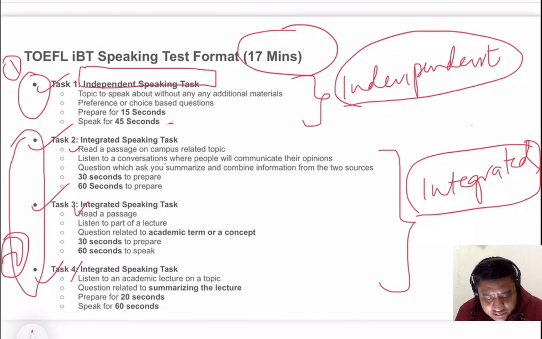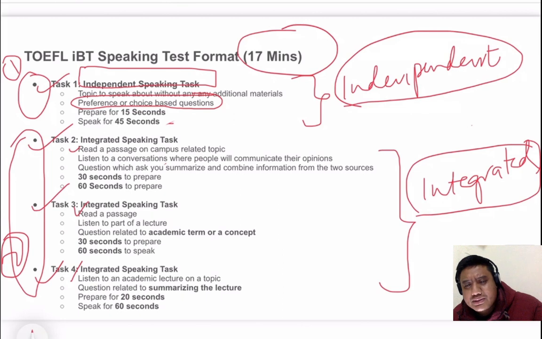When you sit for task one of your TOEFL iBT speaking, you're sitting for the independent speaking task. Independent speaking task means you don't have to read or listen to any lecture. You're directly given a question which might ask you to choose between two choices, something like, do you prefer online class or face-to-face class?